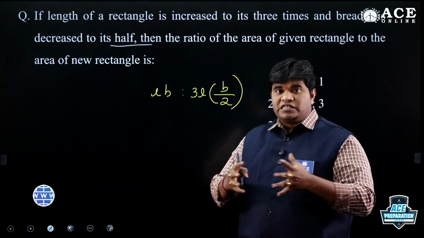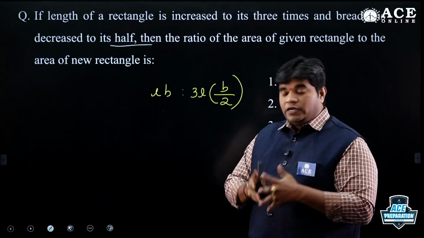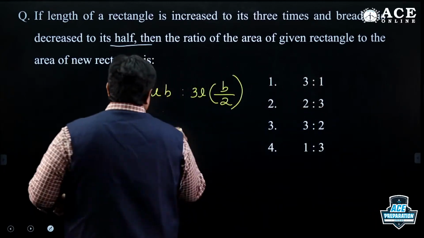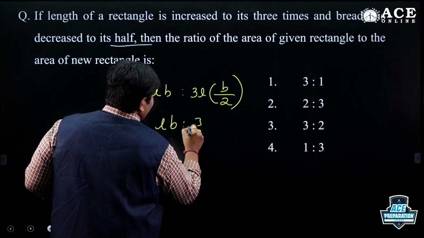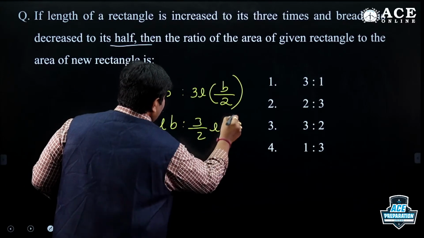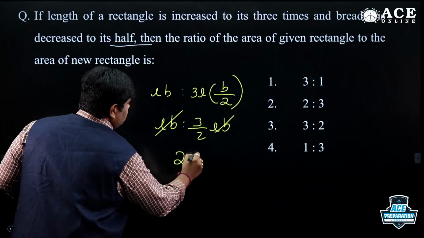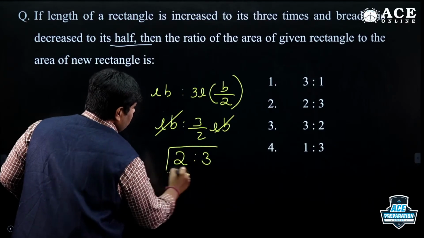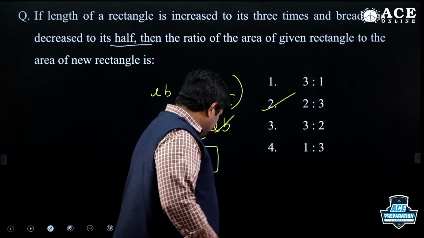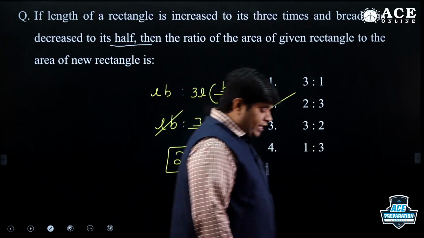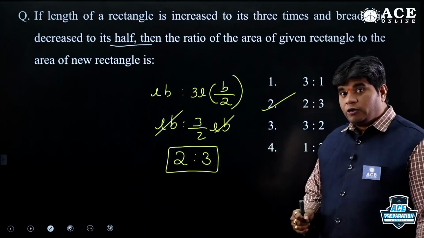This type of question is important. Next, LB is to 3 by 2 LB, LB cancels. So 2 is to 3. So what is the option? Option 2 is the answer, friends. I hope everybody is getting it.